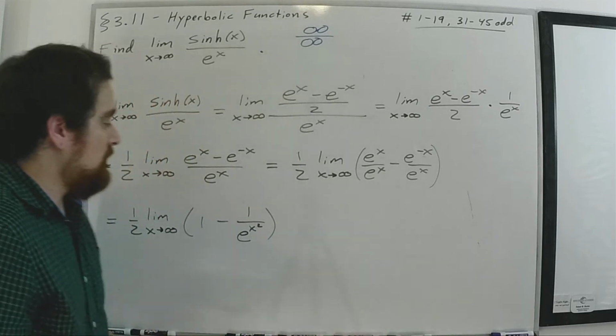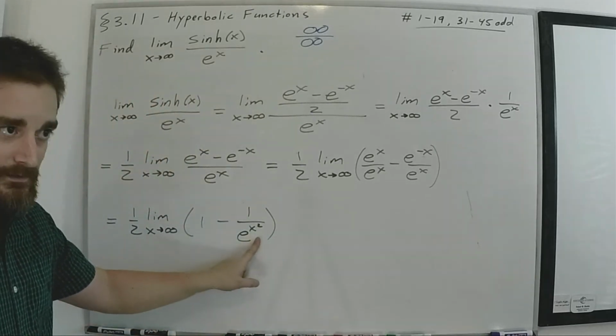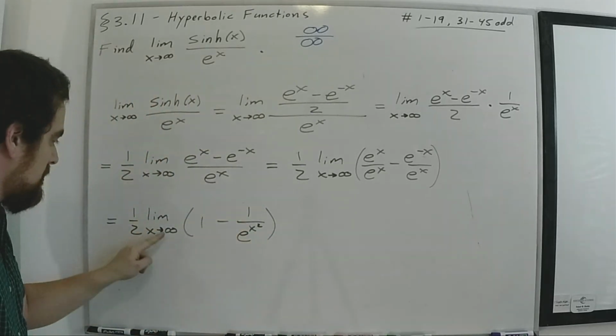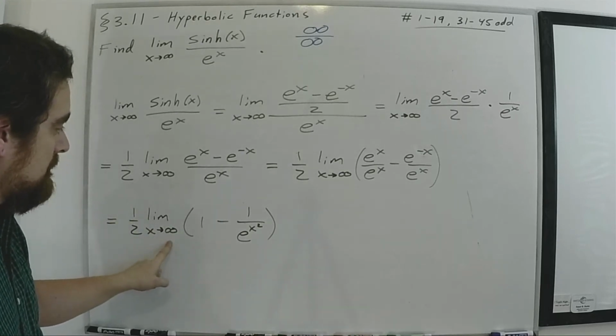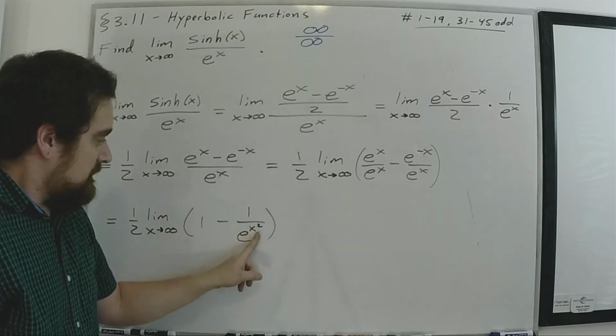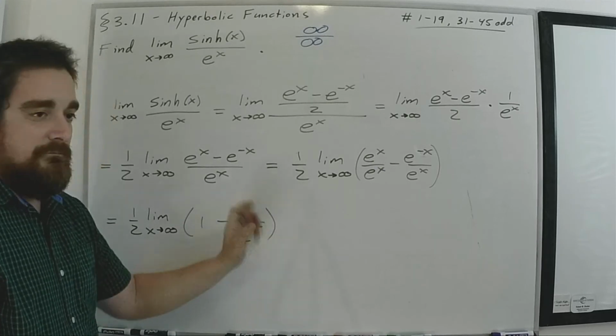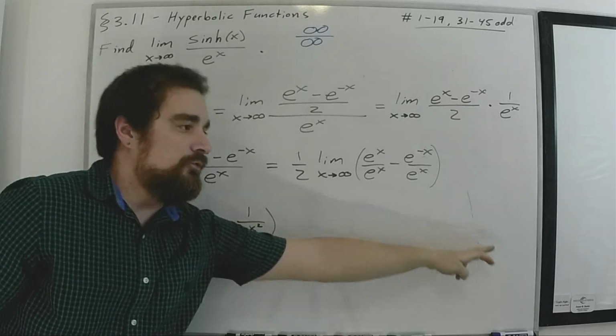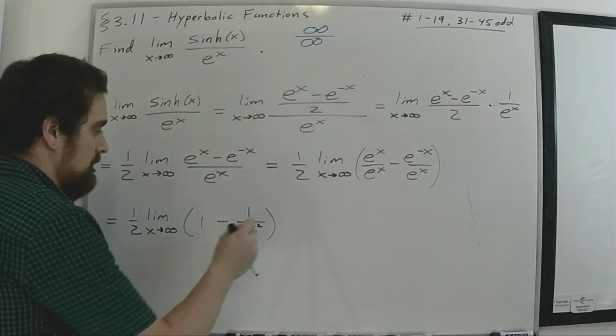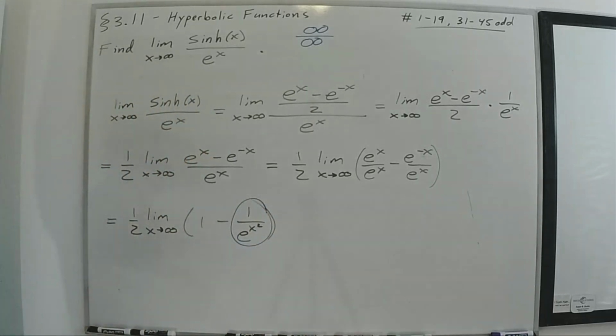Now we finally just have this one piece that we can analyze and say, aha, as x gets large as it wants to, all the way up to infinity, then this is going to be e to some massive, massive power. This denominator is going to be huge. 1 divided by that huge number is going to go to 0.